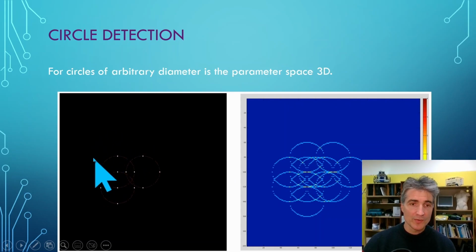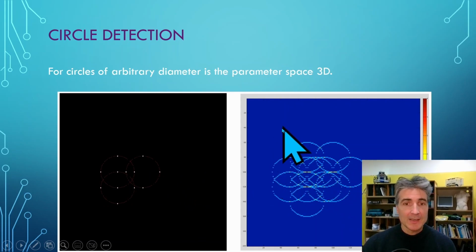So those will be positions of the centers of circles of given diameter that go through the point, and we find the local maxima which will correspond to the points that when you draw a circle around them you get 4 votes.